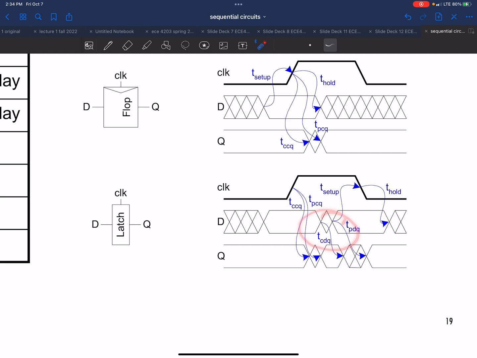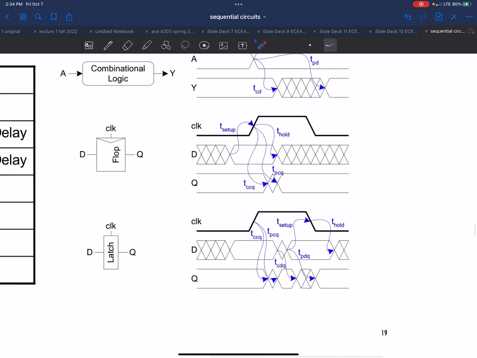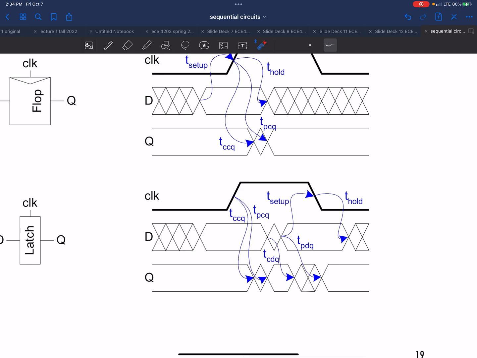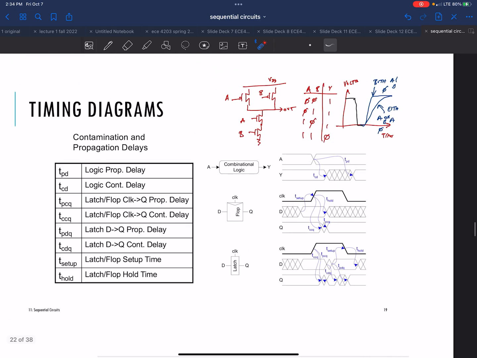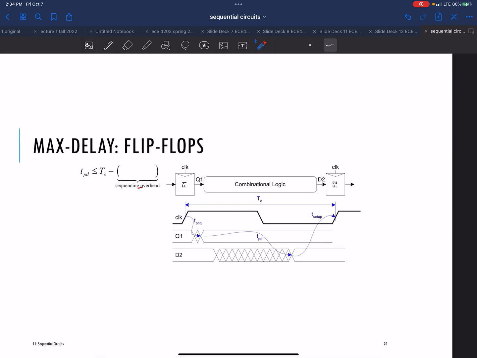This takes a certain amount of time for the input to get to the output, so that's an extra time. And then also, the D inputs need to stop switching before the latch turns opaque, and they need to hold their value for a little bit after the latch becomes opaque. So those are the timing definitions for a flip-flop and a latch.